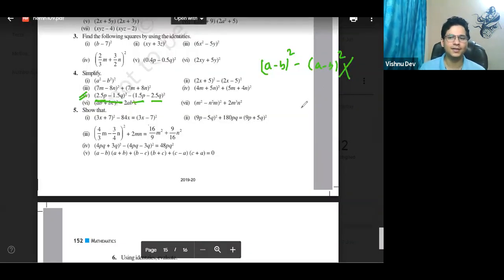This is one mistake that people generally make when they do not read the problem properly, because if it were a minus b square minus a minus b square, it would be 0 obviously and there would be no problem. But the question is not that.